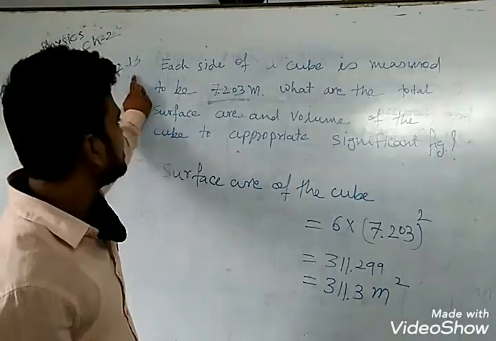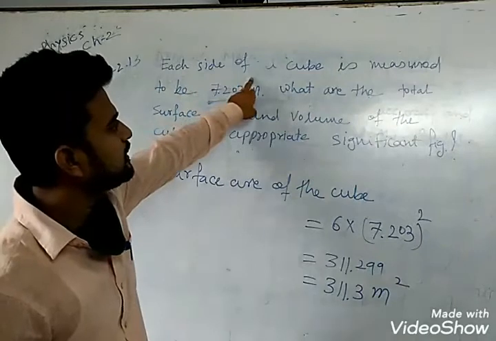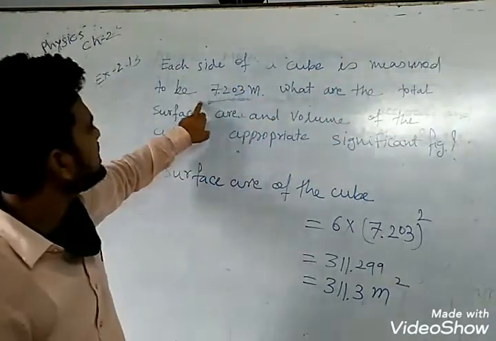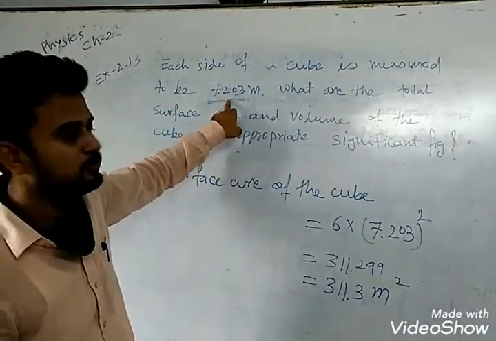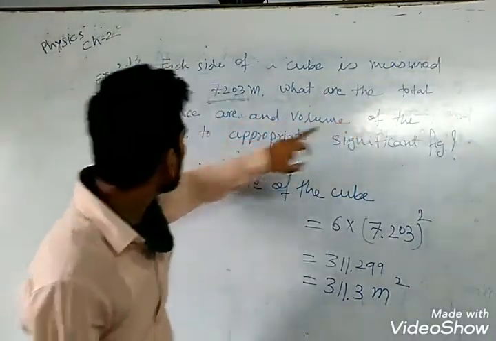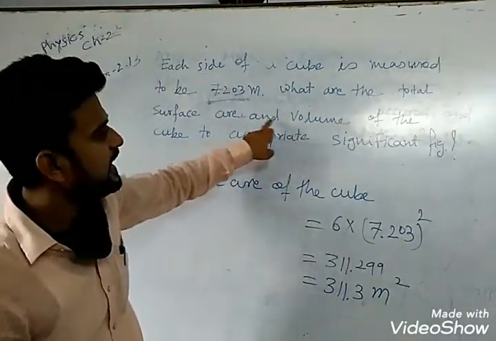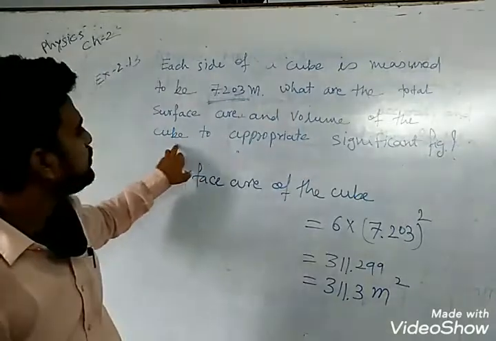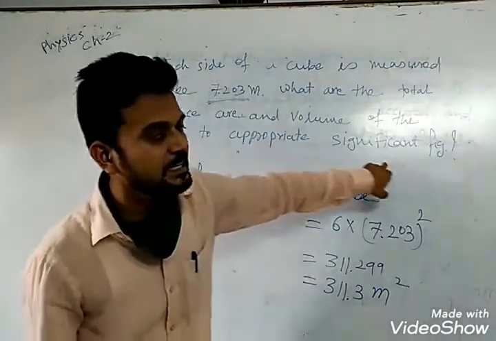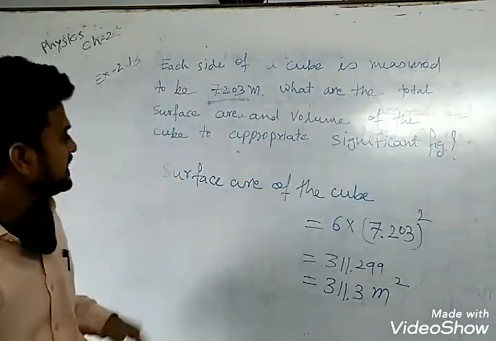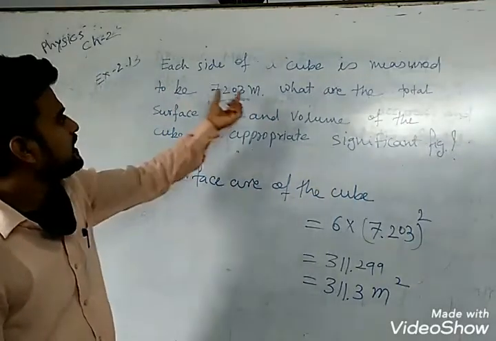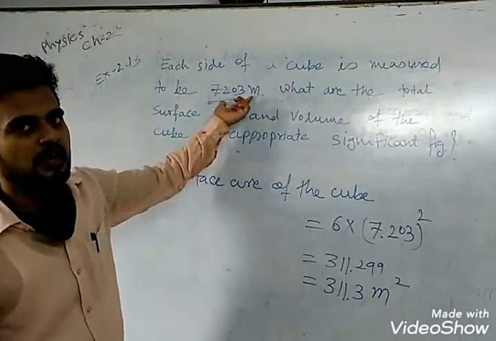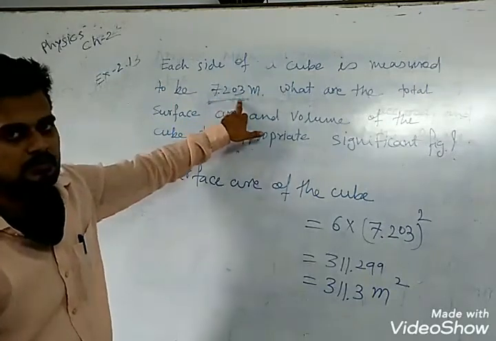Example 2.13. Each side of a cube is measured to be 7.203 meter. What are the total surface area and volume of the cube to appropriate significant figures? In this case, the number of significant figures is 4.